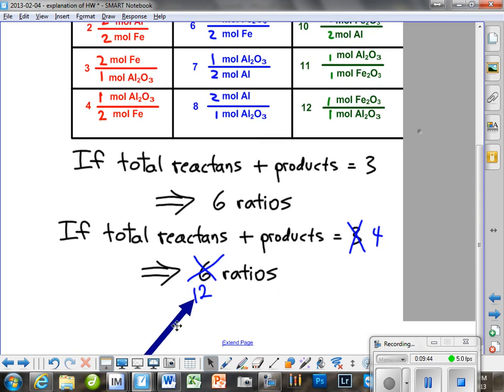All right, there are 12 ratios there. And so instead of 3 products and reactants giving us 6 ratios, we have 4 products and reactants giving us a total of 12, which essentially we doubled. So everything gets doubled each time we add more. So that's how this is going to work.